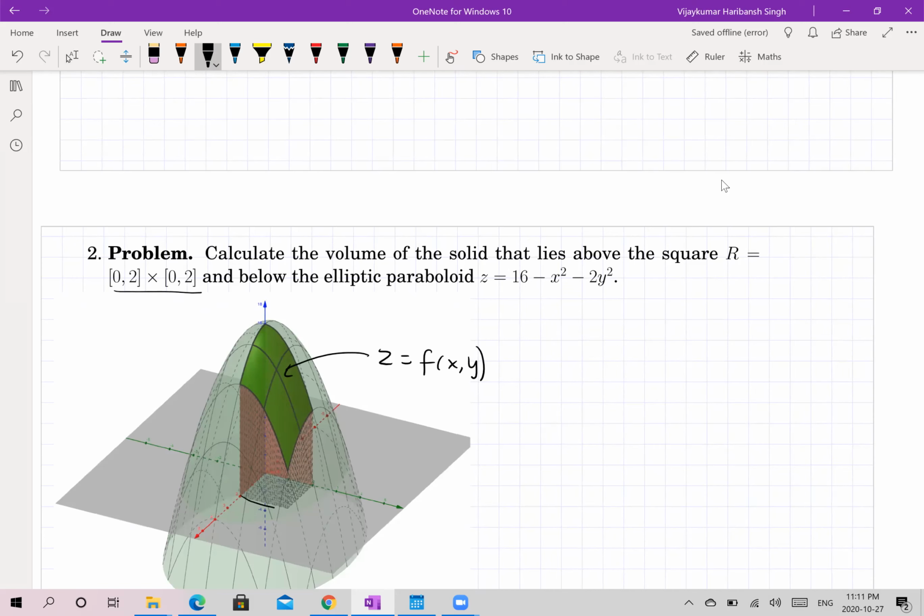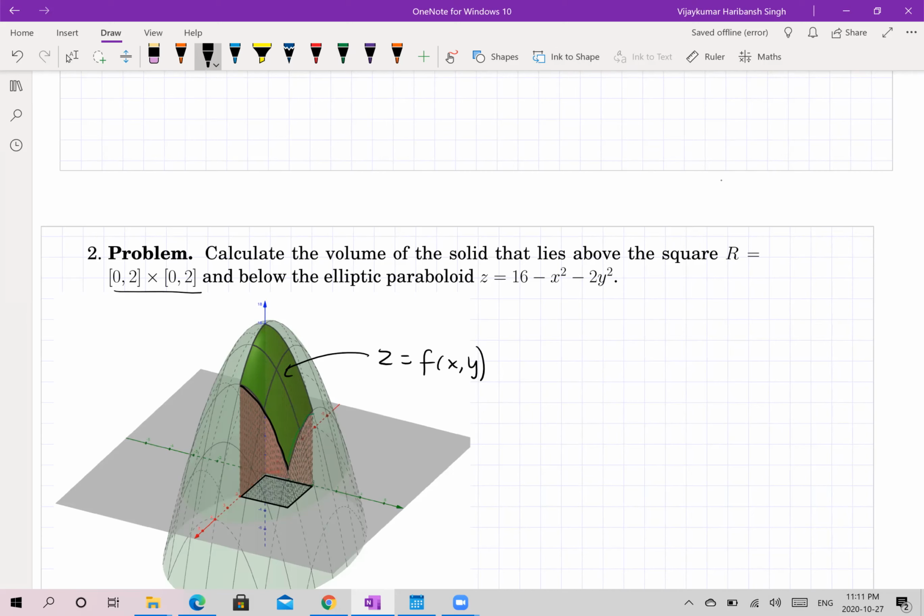So this is our domain, 0, 2 cross 0, 2. And consider the part of the function on top of this, which is given by this green piece of surface.